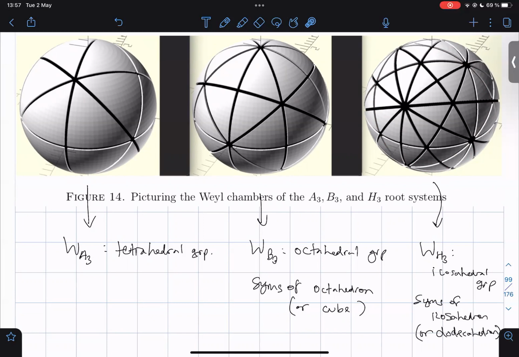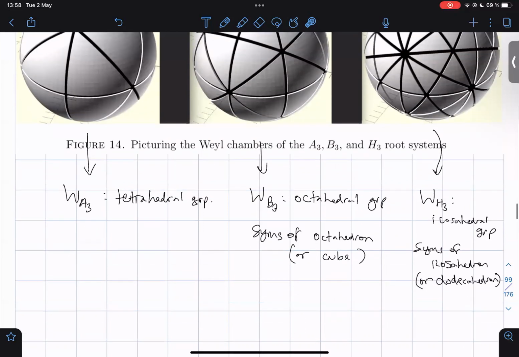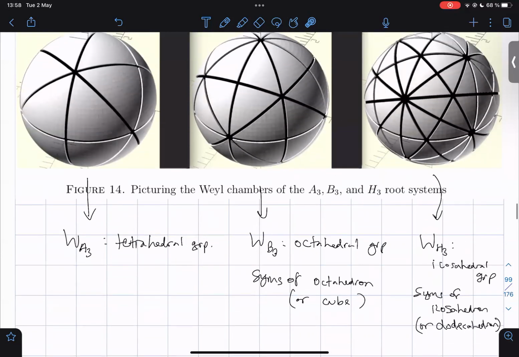There's only a few beyond the ones that come from simple Lie algebras. And one of them is this H3. Okay. So you still get some beautiful figures coming up, even without that crystallographic restriction. But again, there's only a few of these. Okay.